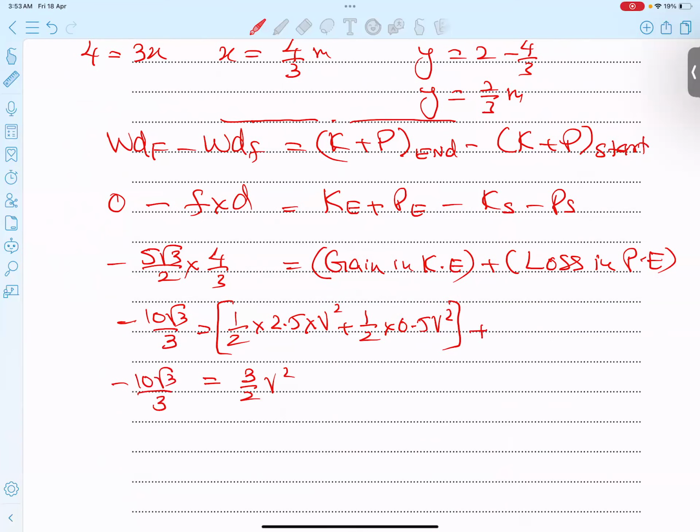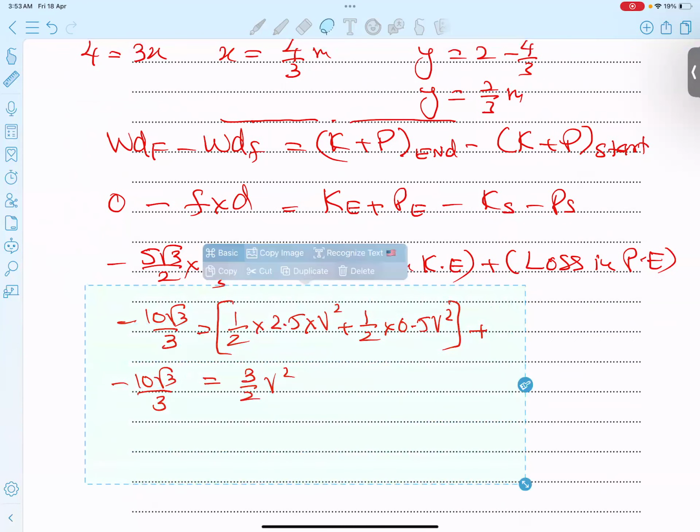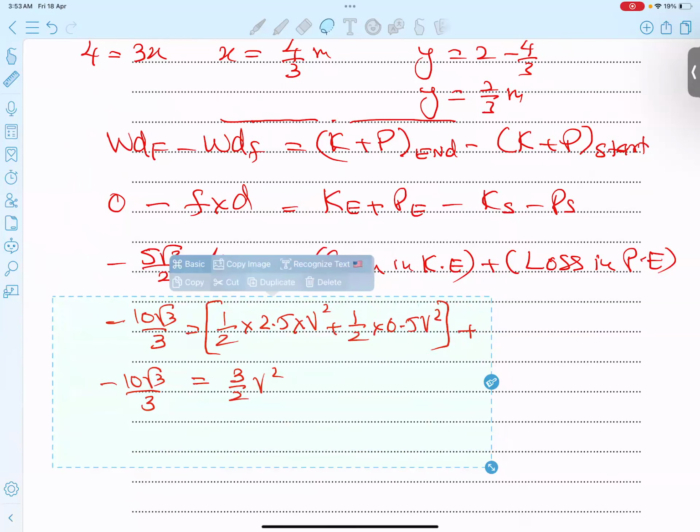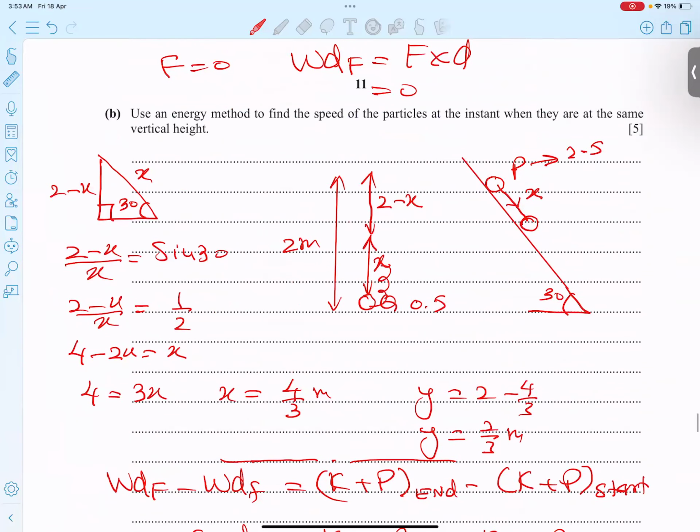So let's discuss loss now. This is an important part here, students. Try to solve this part. When it goes up, it gains height, and when this comes down, it loses height. X is 4 by 3.